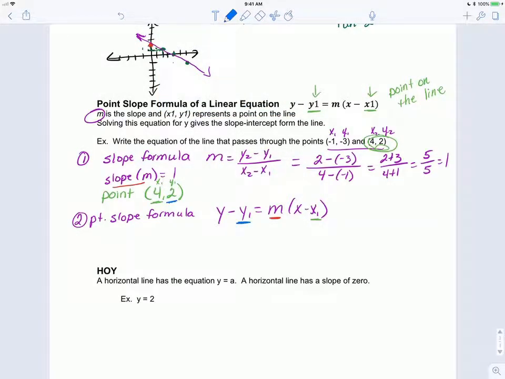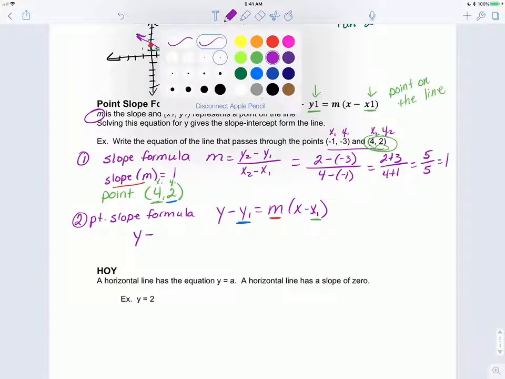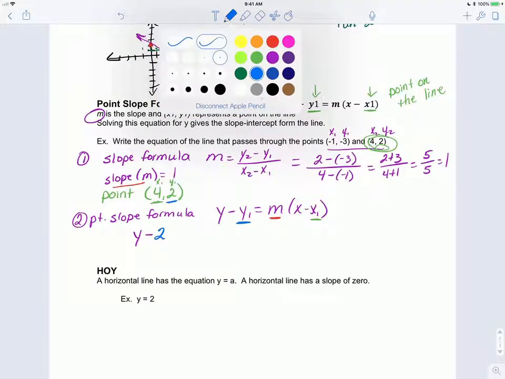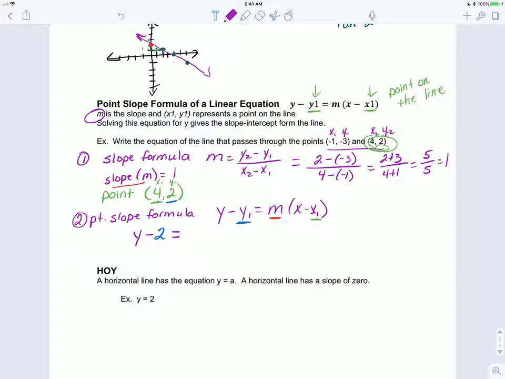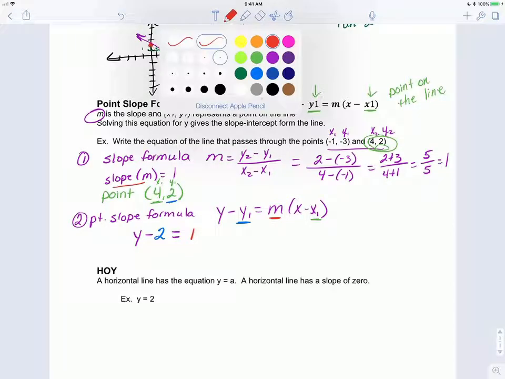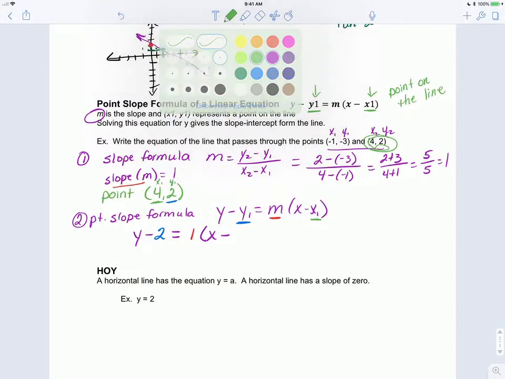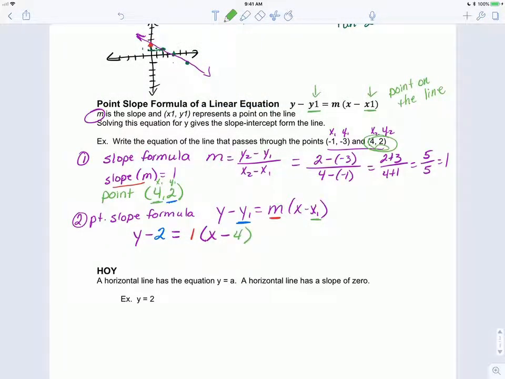So I'm going to put it in right there. So we have y minus our y1, which is 2, is equal to our slope m, which is 1, times x minus x1, which was 4.